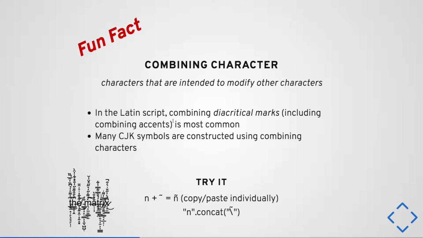So fun fact. In addition to characters, in Unicode, there is something called combining characters, and their job is literally to attach to other characters, right? That's what they do. And so you could do, like this right here, this isn't an image, this is text. I just wrote the word the matrix and attached a bunch of these. Well, I didn't, the internet did, and I just copied and pasted.